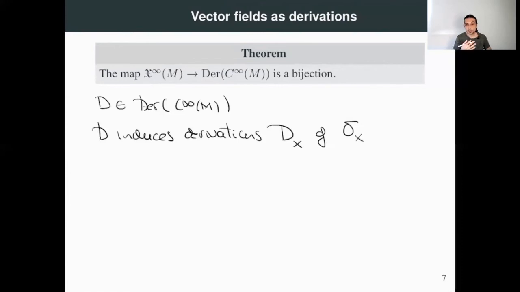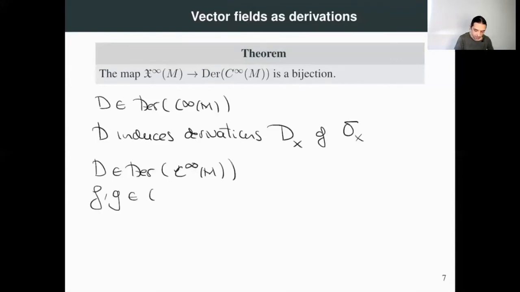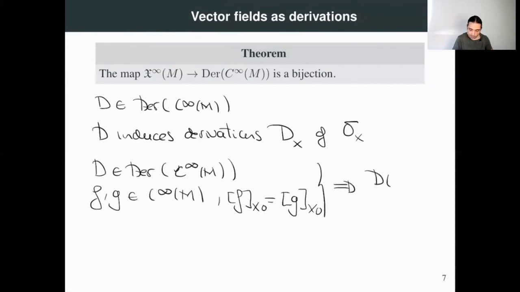The first thing that we are going to notice, in order to see that this global derivation induces derivations in the space of germs, is that if we have D, a derivation, and we consider two maps, f and g, that are indeed C-infinity functions, and the germ of these two functions at x0 is the same, then we have that the derivation applied to f at x0 is equal to the derivation applied to g at x0.